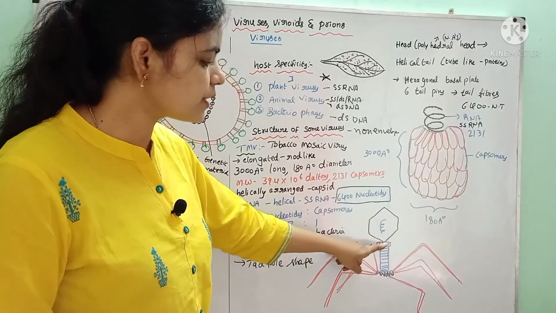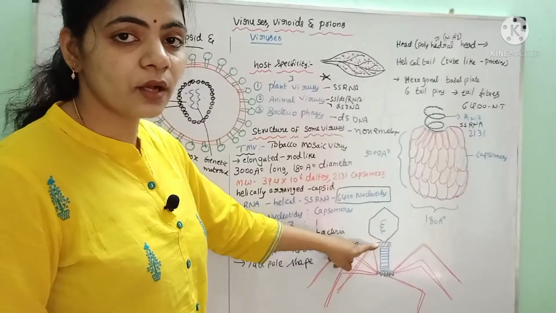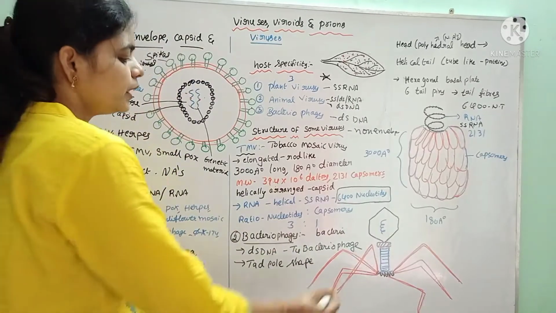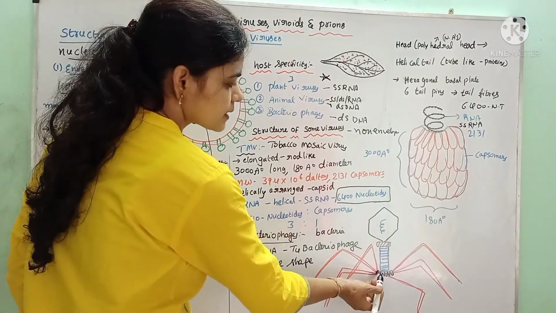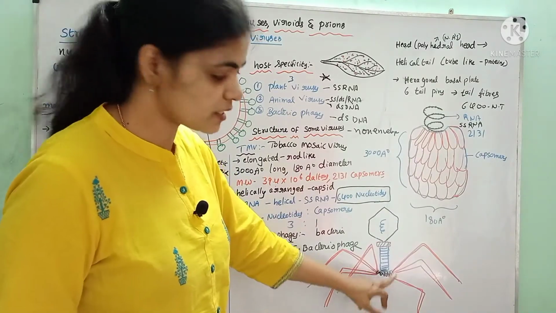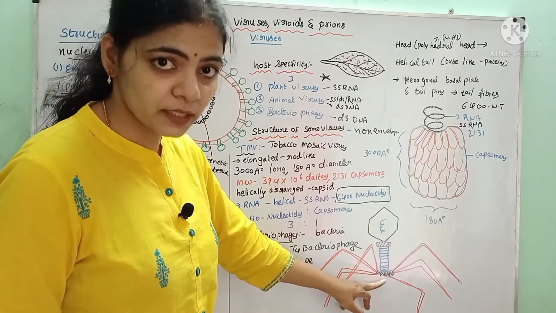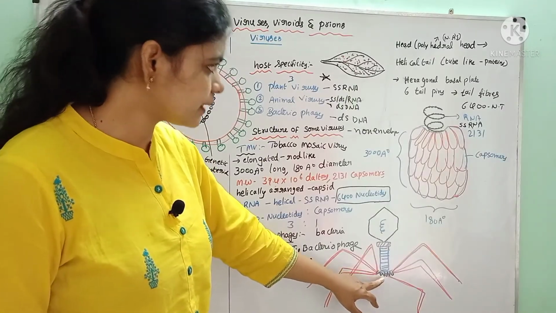What is this red colored, rectangular box-like region called? It is called the collar. And below this tail there is a basal plate. This basal plate consists of 6 tail pins.